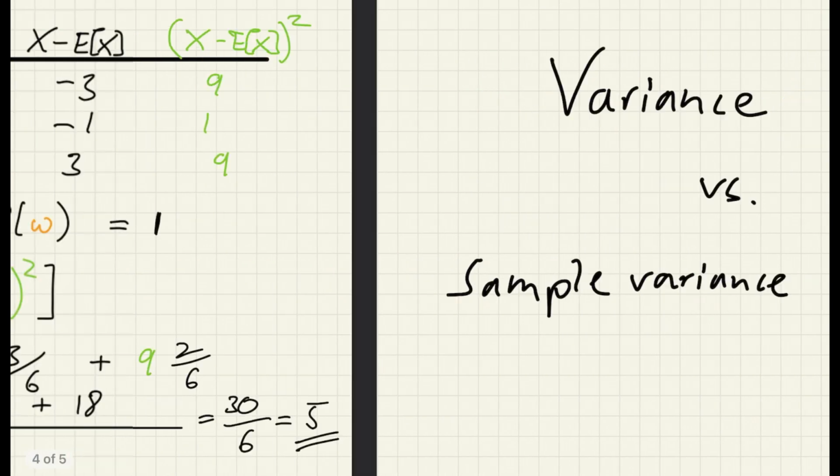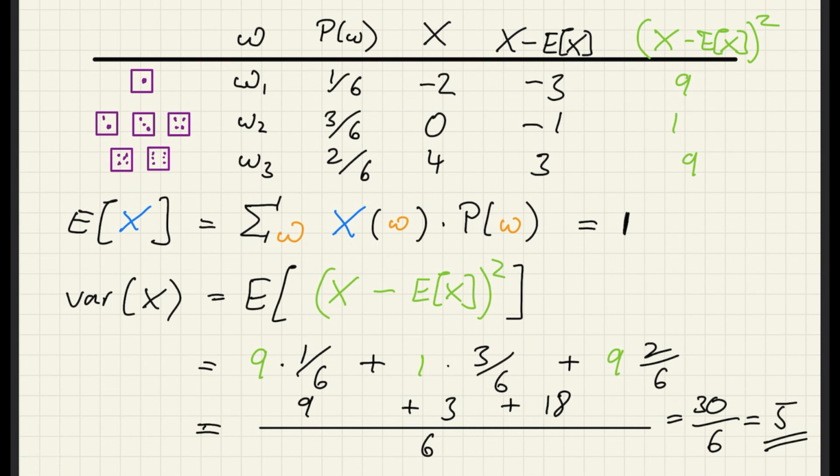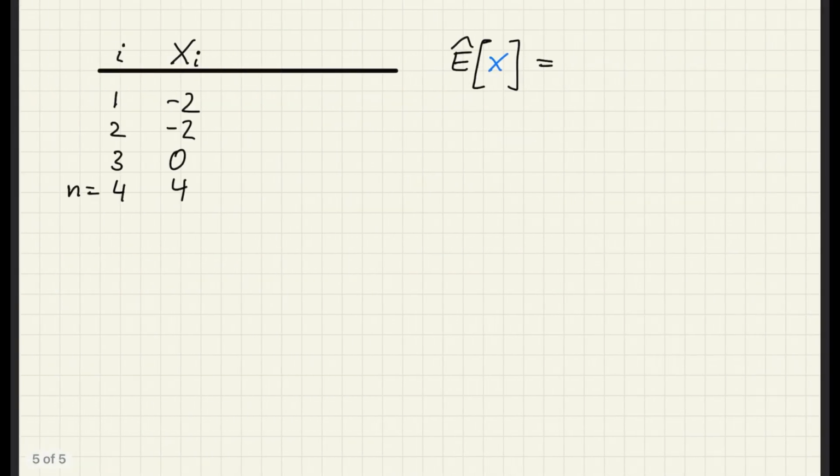And what I want to do now is just replicate this pattern that we see here. So I will not be having any omegas, so instead I'll be summing over the different i's. So I take i from the first observation to the nth observation, which is 4 in this example, but I'll just write n is 4.